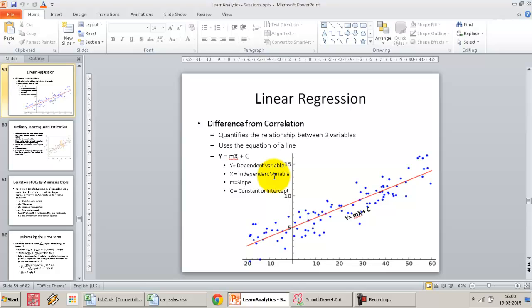Now, while y is called the dependent and x is called the independent variable, it does not mean that y is dependent on x. We are simply fitting in a model. So going back to our previous lectures where we talked about correlation and causation, just because two variables are correlated does not mean one variable is caused by the other or vice versa.